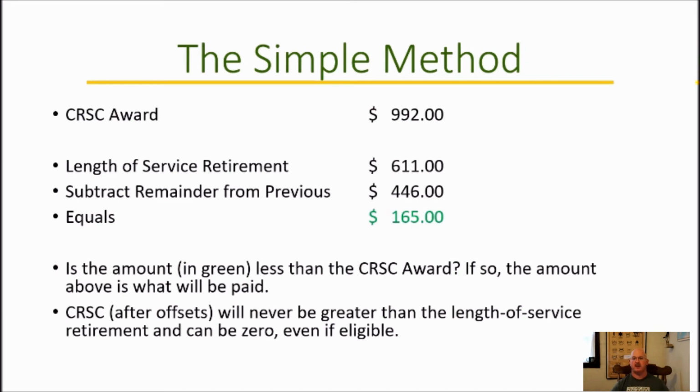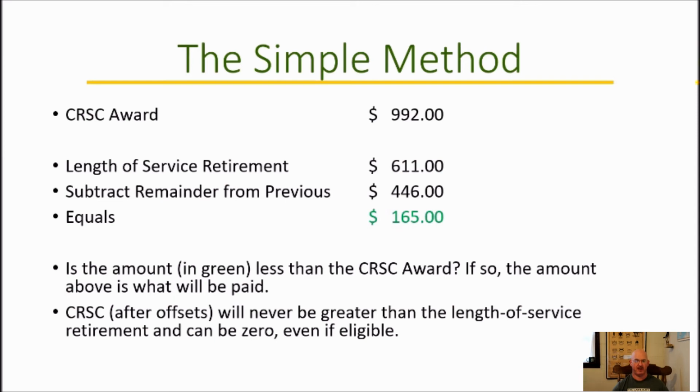So now we go to the next slide. The length of service retirement, if we recall from before, was 611. We subtract from that 446, which is what's left over after the VA offset, and that equals 165.